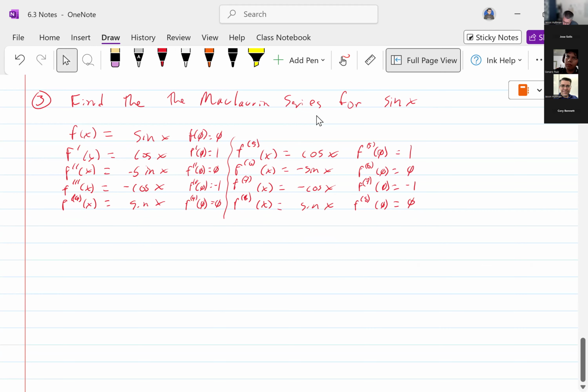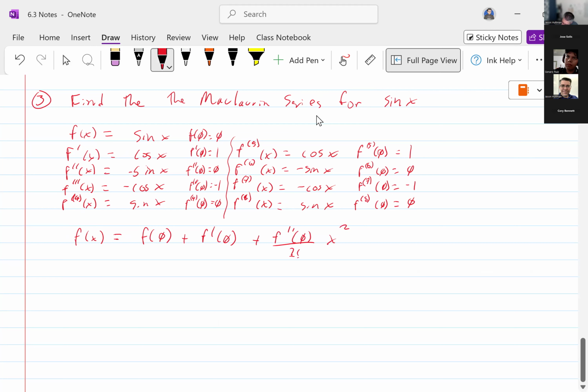Okay. So let's plug this into our Taylor series. Okay, we know that f of x, or sorry, not our Taylor, our Maclaurin series, is f of x equals f of 0 plus f prime of 0 x plus f double prime of 0 over 2 factorial x squared. I'm not going to forget the factorial this time.